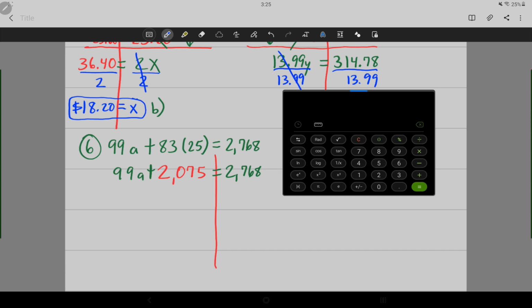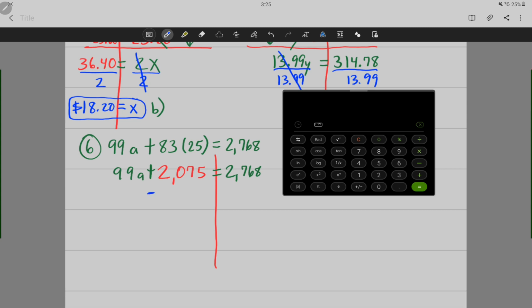Now we want to get A by itself, but there is that constant next to it, positive 2,075. So instead of adding, we want to subtract 2,075 on both sides. Let me actually make this look more like a plus. That looks like a T. Okay.